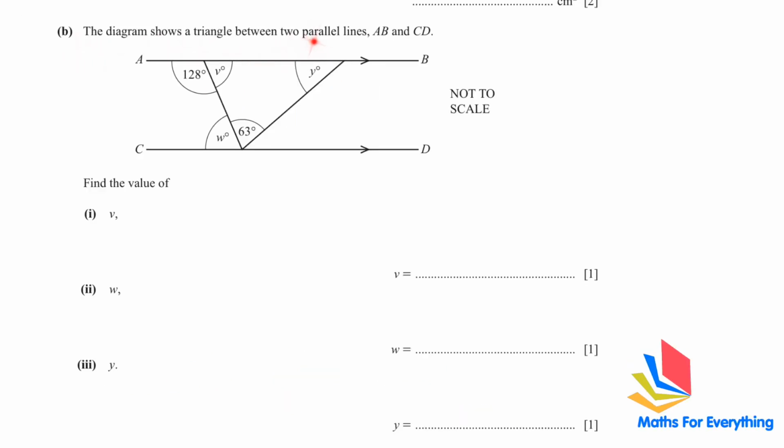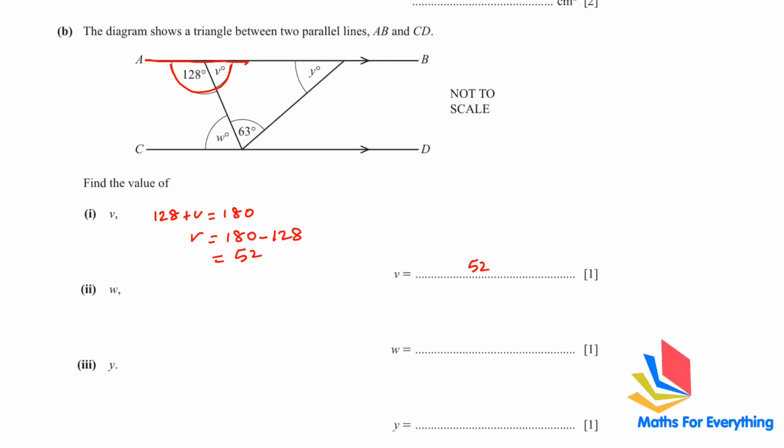The diagram shows a triangle between two parallel lines AB and CD. Find the value of V. This is a straight line, and angles in a straight line equal to 180. So 128 plus V is equal to 180. V is equal to 180 minus 128, which is 52.